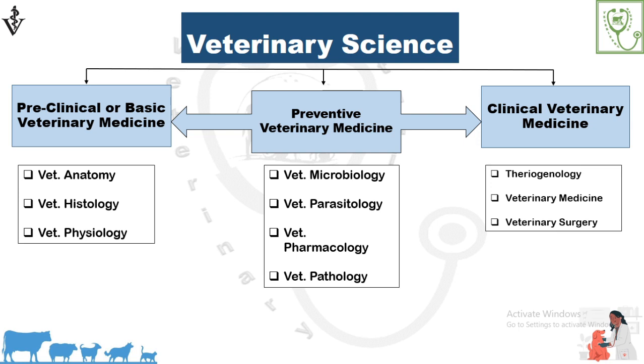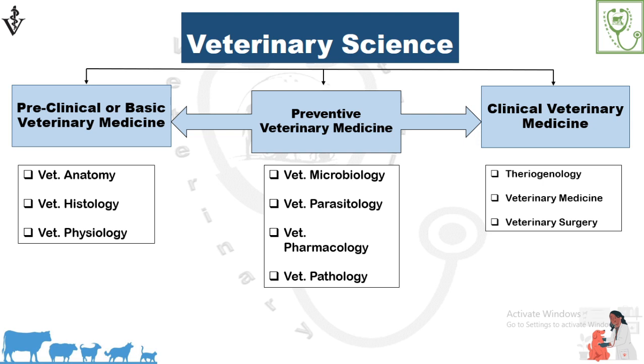The thing which I missed in my last lecture is that preventive veterinary medicine acts as a bridge between preclinical veterinary medicine and clinical veterinary medicine. Because in preclinical or basic veterinary medicine, we study the normal anatomy, histology, and normal physiological functions of the animal body. In preventive veterinary medicine, we study the causative agents which cause diseases.